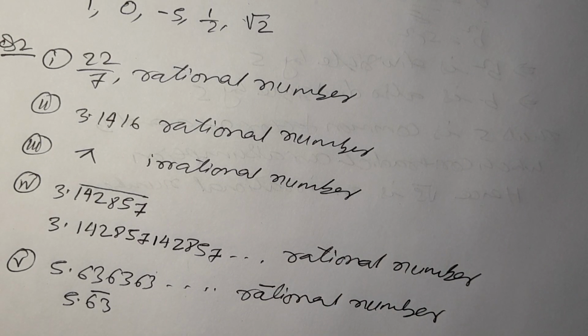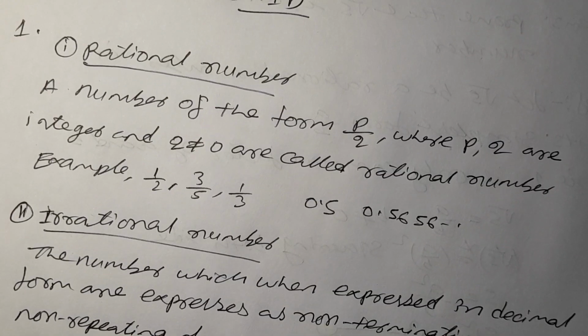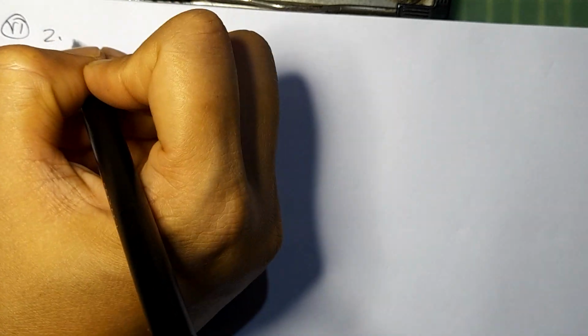Now come to Roman number 6. In Roman number 6, the question is 2.004.